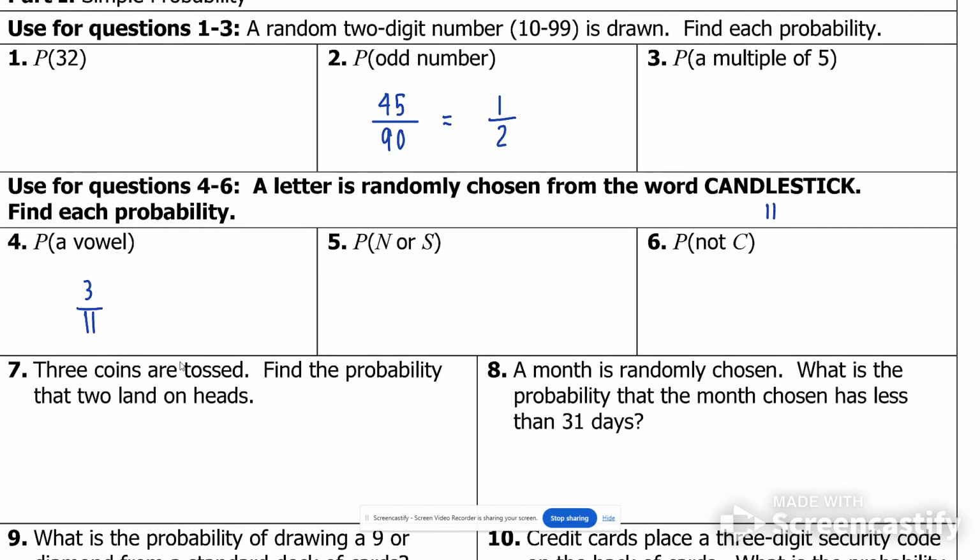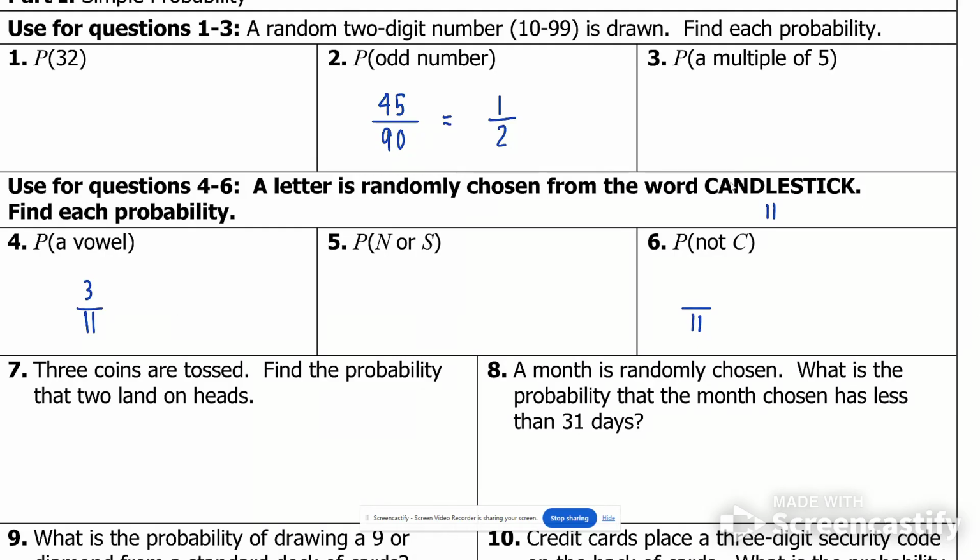And then, of course, number 6, you can kind of use what we talked about yesterday as being the complement of an event, where if you wanted to, you could either tally up how many are not C's. Our bottom number is still going to be 11 because there's still 11 letters. So you have one of two options.